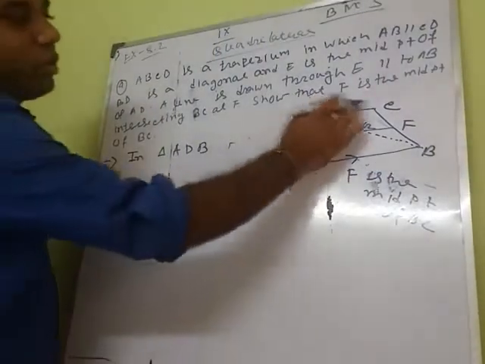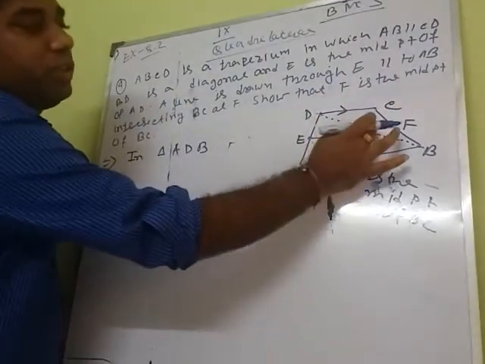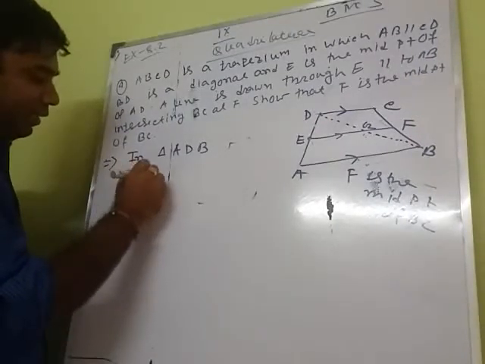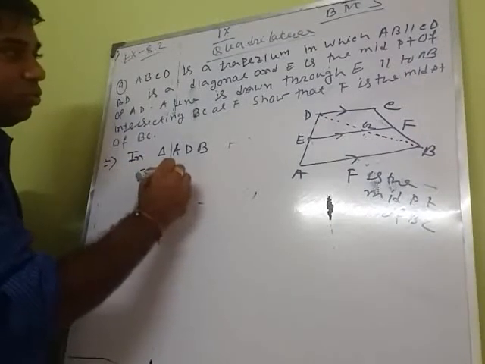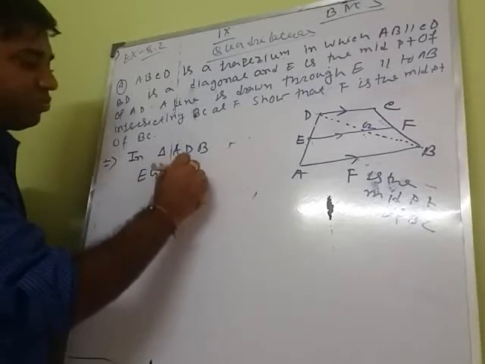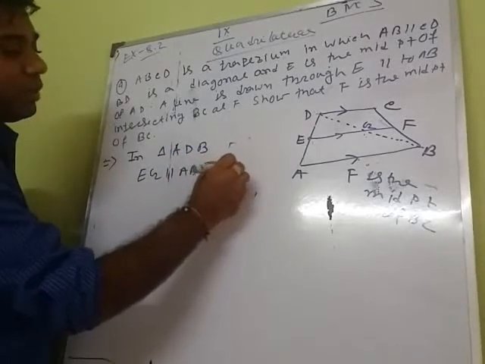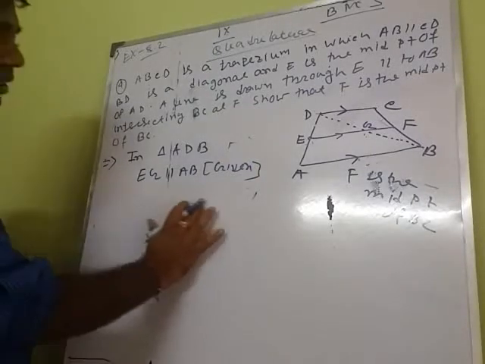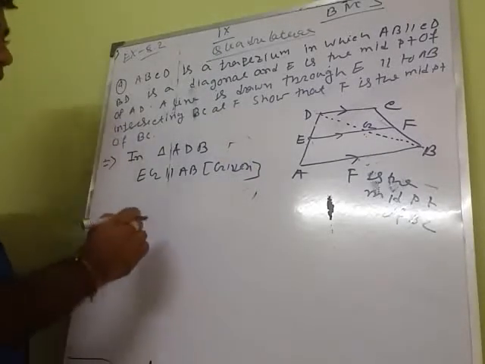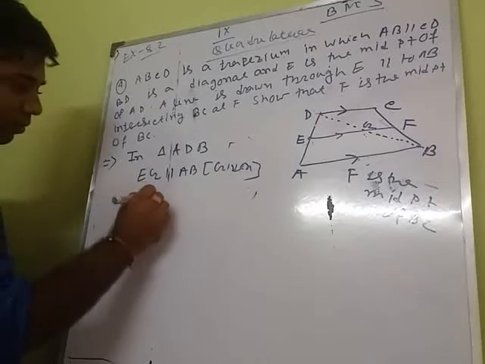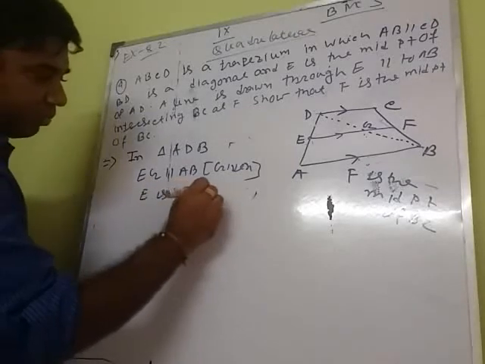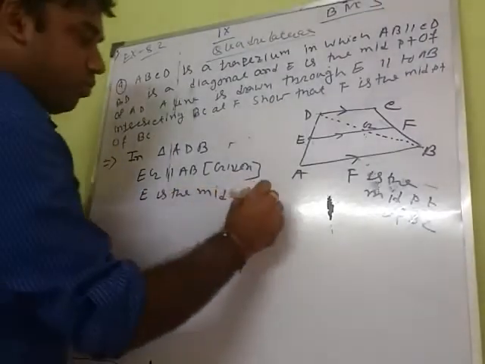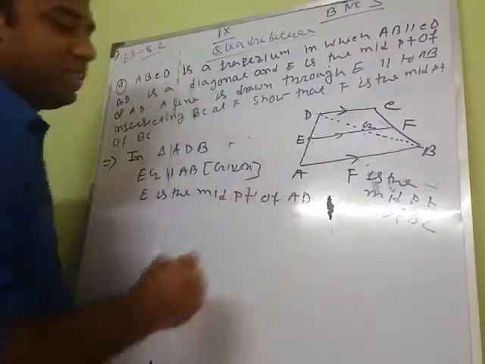One thing is clear: EG is parallel to AB, that is given, and E is the midpoint of AD.